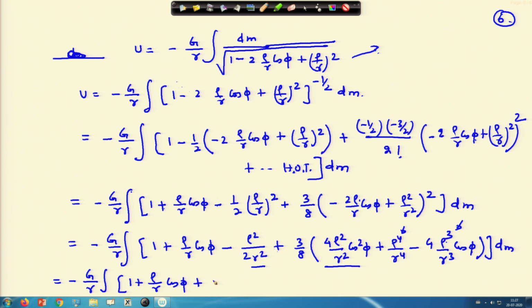So, then this becomes minus rho square by 2 r square, and from here we get plus 3 by 2 rho square by r square cos square phi. So, here we are neglecting higher order terms.